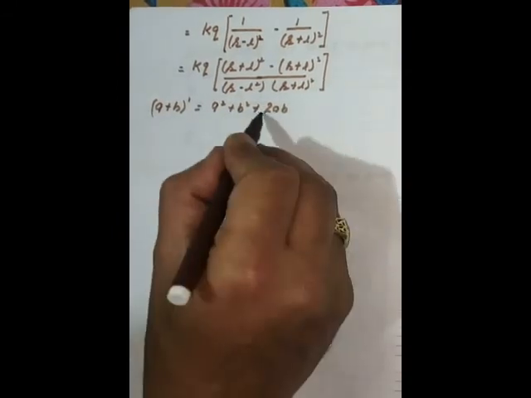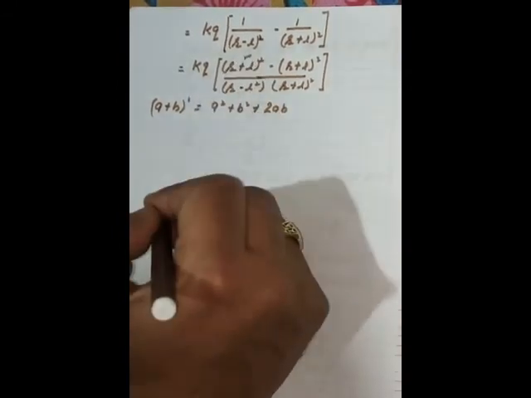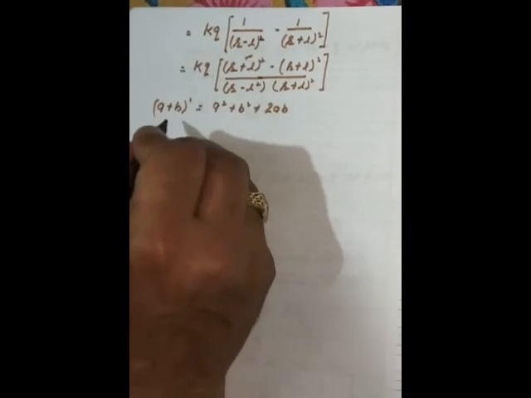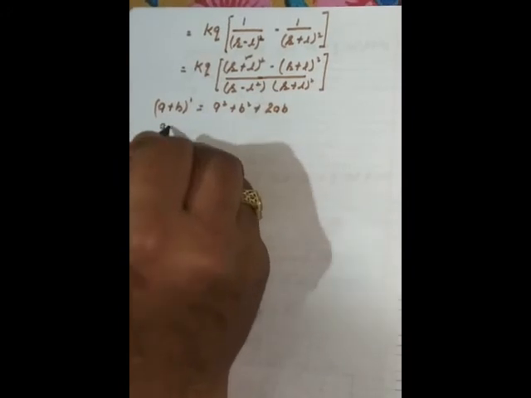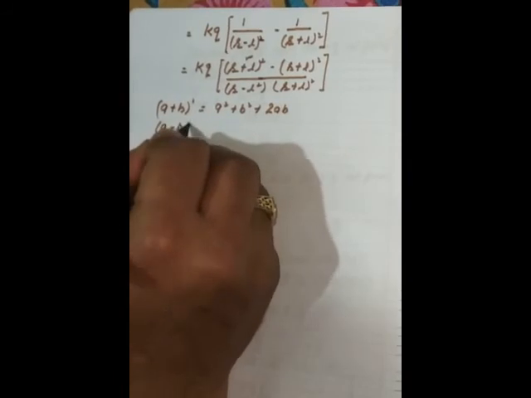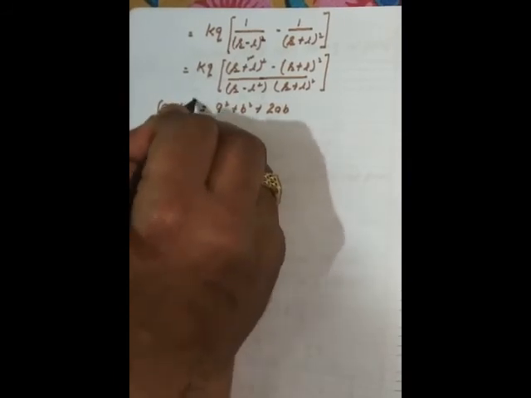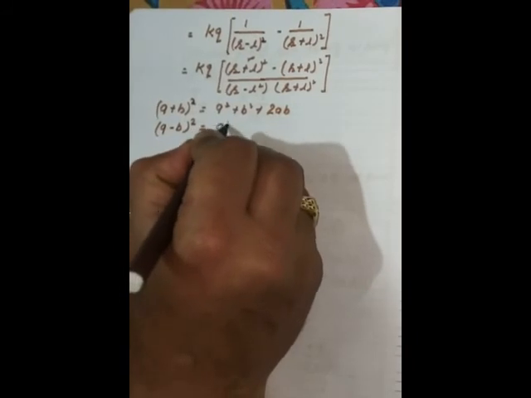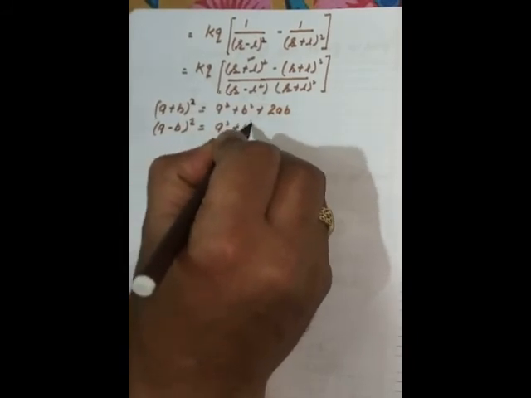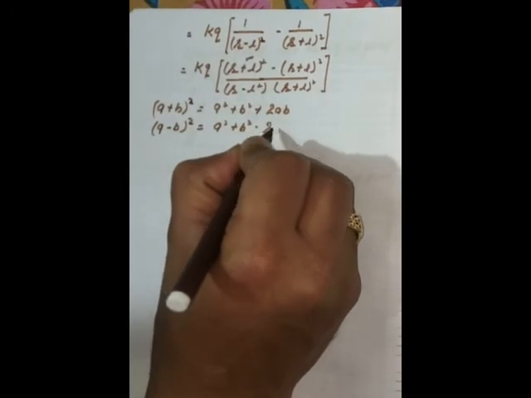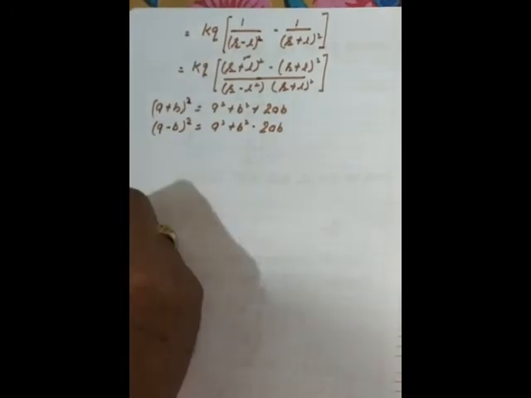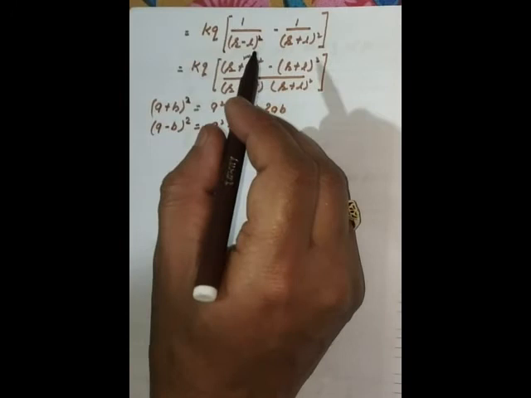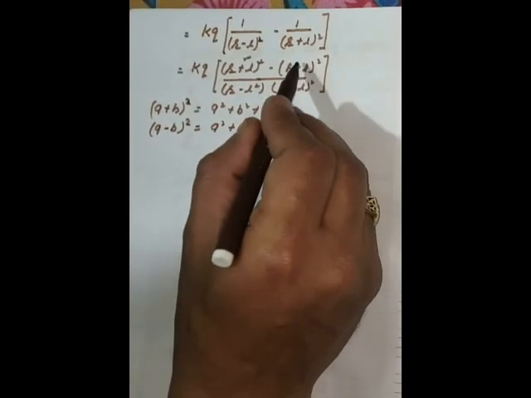So it will be applicable here. Another identity, A minus B whole square, A square plus B square minus 2AB. It will be applicable. Oh, this is the negative sign.